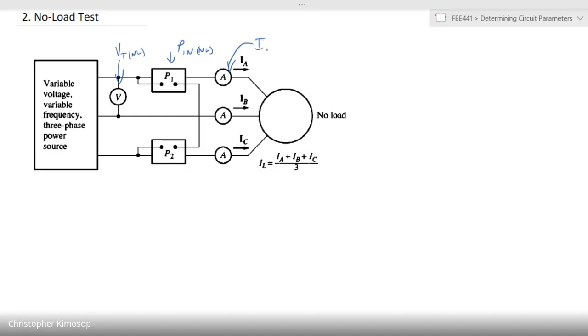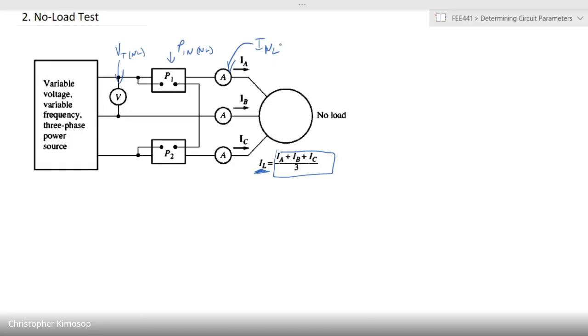The no load current is obtained by getting the average of all currents flowing into the motor when it is running on no load. So you have IA, IB, and IC, which are averaged together to get your no load line current. Okay.